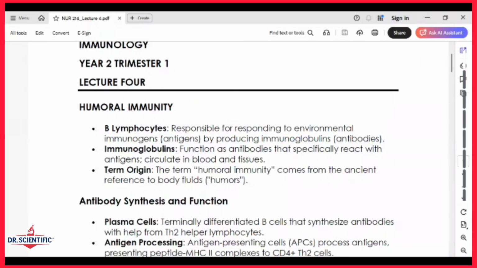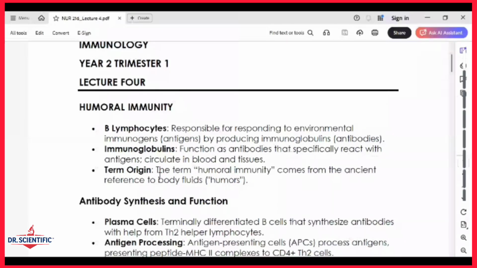So it is Th2, which helps B cells to differentiate into plasma cells and produce antibodies. How does it do that? It helps B cells to differentiate into plasma cells and produce antibodies.